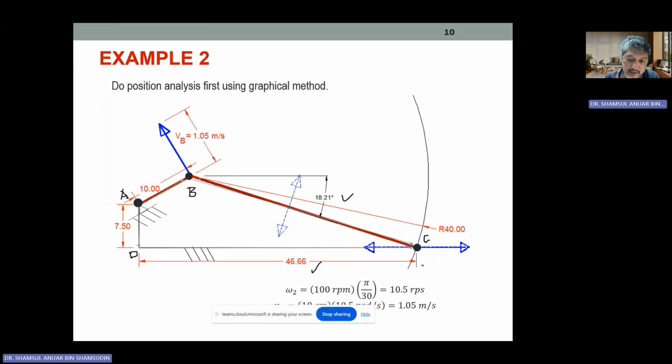For the slider, it's not going to be perpendicular. It is along the same route of the slider. So that's a different thing because the slider is not actually rotating. It's sliding along, in this case, a straight line.